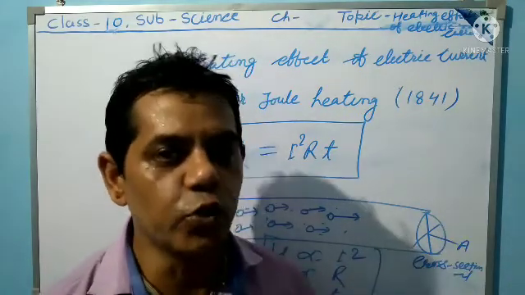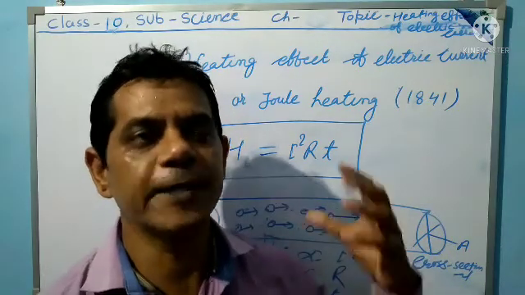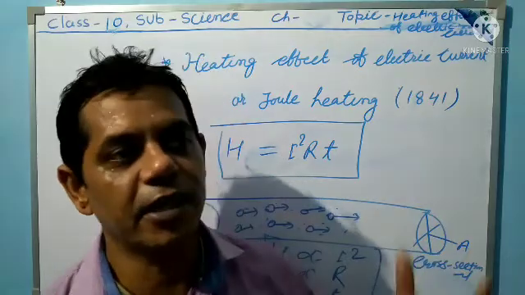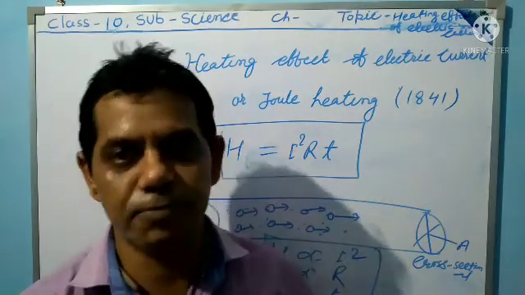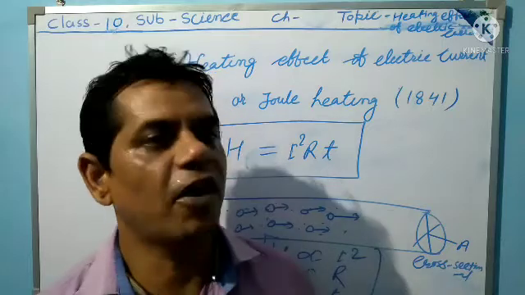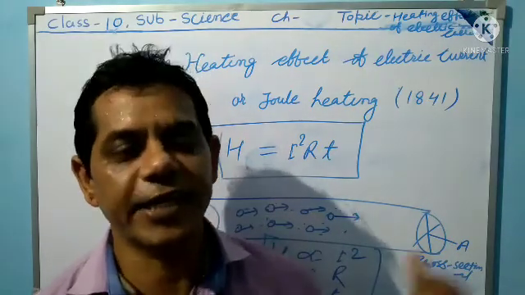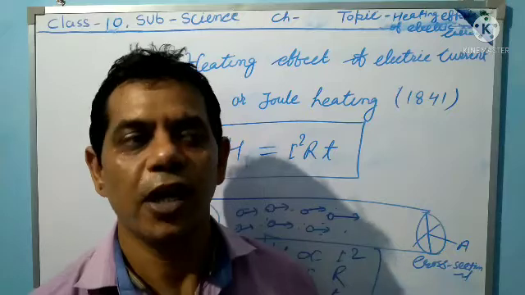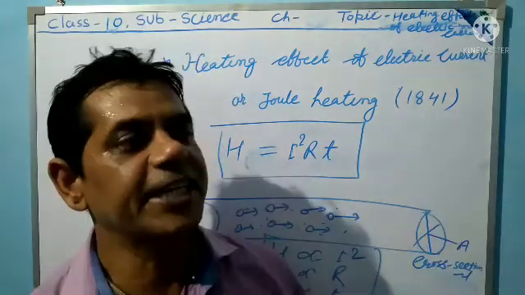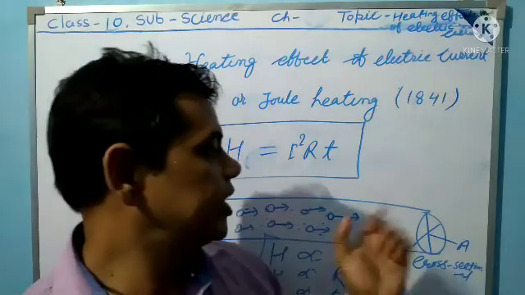In an electric iron there is resistance inside, which produces heat. Resistance is the obstacle that opposes the flow of current. An electric heater also uses the heating effect, Joule's heating effect.